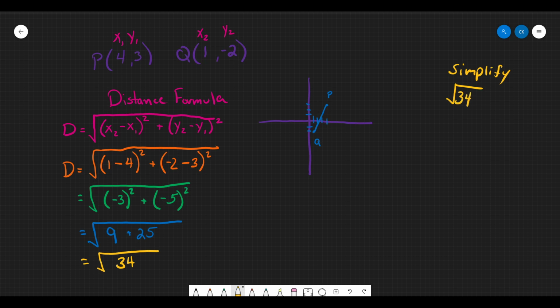So the square root of 34, we need to find our perfect squares again. Remember, this is back from section 1 in chapter 10. We work with all of our perfect squares. 34 lands right here.